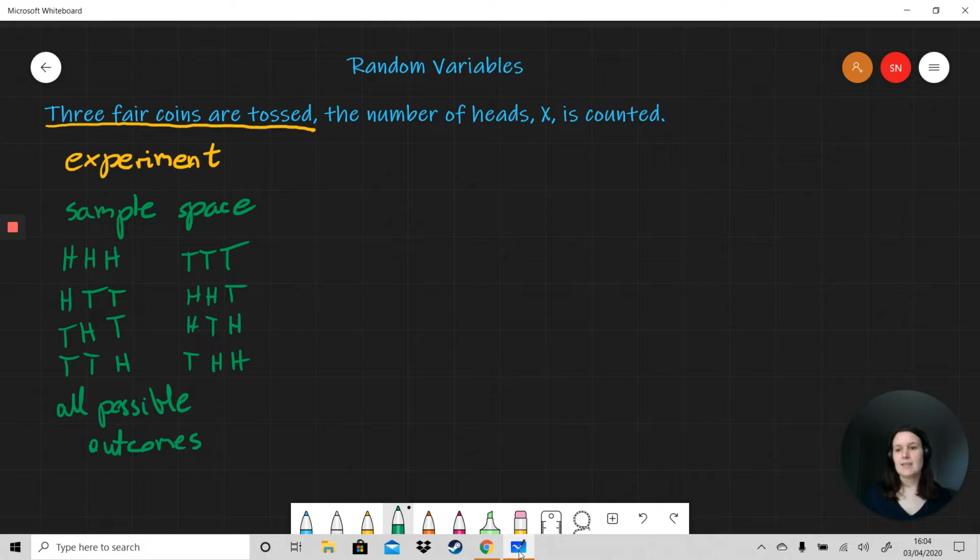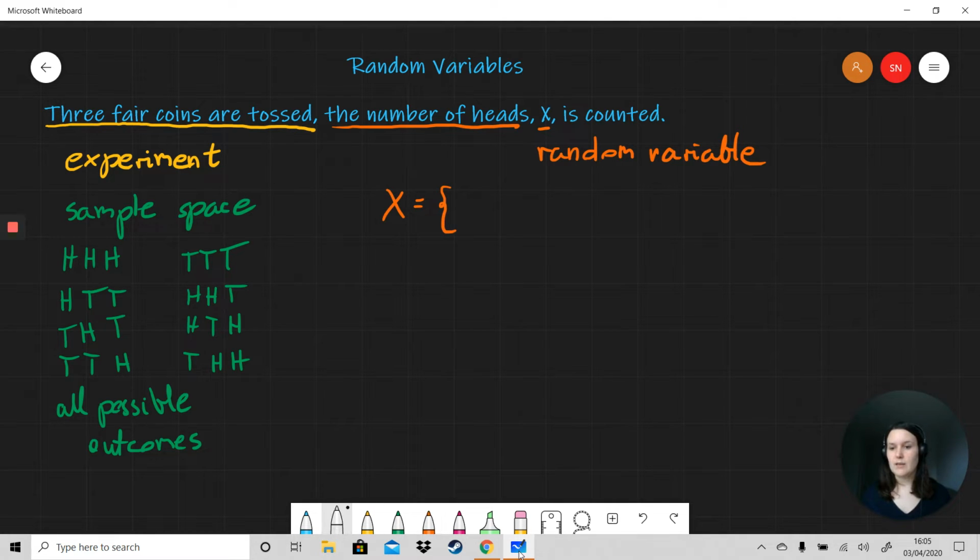The next thing is the random variable. In this experiment, the number of heads, x, is counted. So x is our random variable, and this is the set of possible values. The number of heads could be 0, so 3 tails.